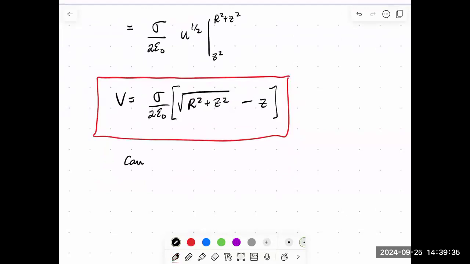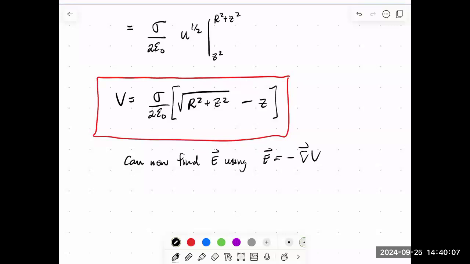So we can now find E using E is equal to minus the gradient of the potential. Now in cylindrical coordinates, your gradient is going to have derivatives with respect to r, with respect to phi, and with respect to z.